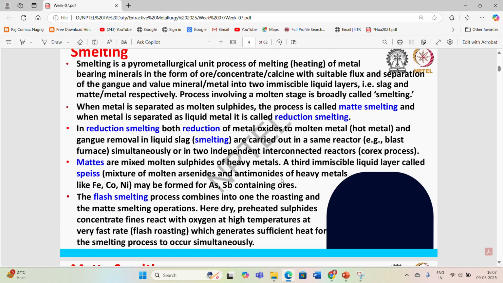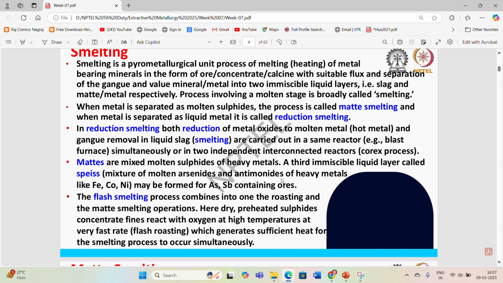So, smelting is basically known as a pyrometallurgical unit process which involves melting of metal bearing minerals in the form of ore, concentrate, or we can say calcine. And we are doing this melting in the presence of suitable flux material, and we are trying to separate out the gangue and value mineral or metal into two immiscible liquid layers.